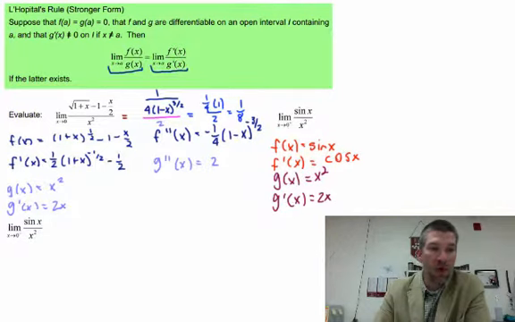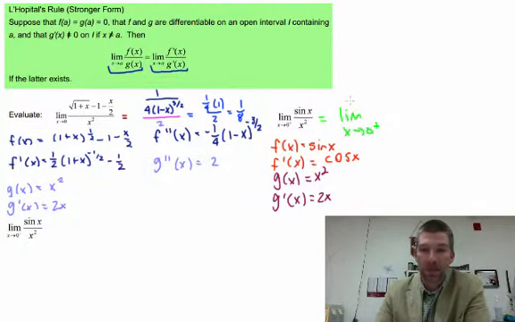And when we do that, here's what we're going to get: the limit as x approaches 0 from the right of cosine x over 2x. Now, believe it or not, we can actually do this one because when you put 0 in for cosine, you get 1. When you put 0 in for 2x, you get 0.